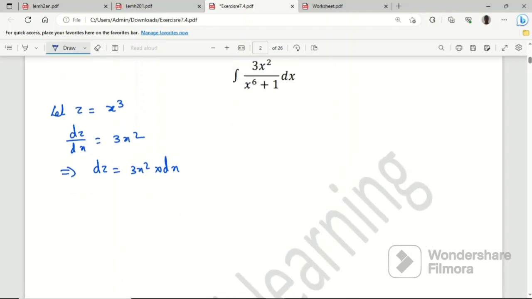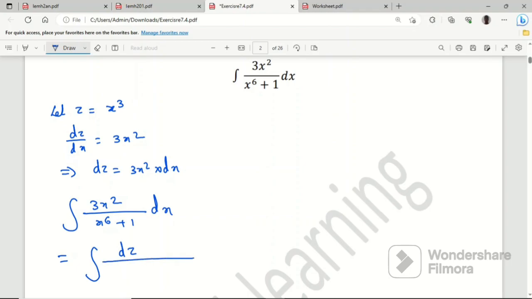So now I can substitute: integration of 3x square upon x to the power 6 plus 1 dx is equal to dz upon, x to the power 6 is z square, so z square plus 1. I have replaced 3x square dx with dz.